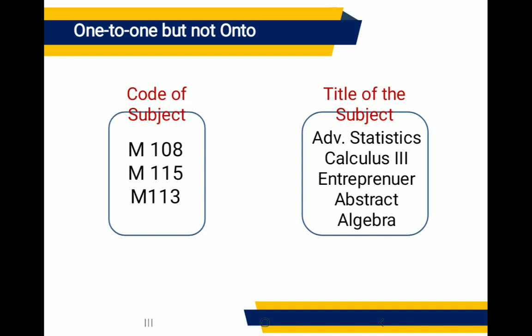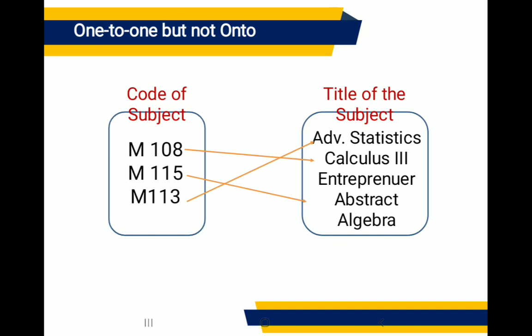Sa title of the subject, meron tayong advanced statistics, calculus 3, entrepreneur, and abstract algebra. So, titignan natin. So, yung M108, meron siyang image sa title of the subject, which is calculus. Next, yung M115, the image is abstract algebra. And the M113 is advanced statistics.